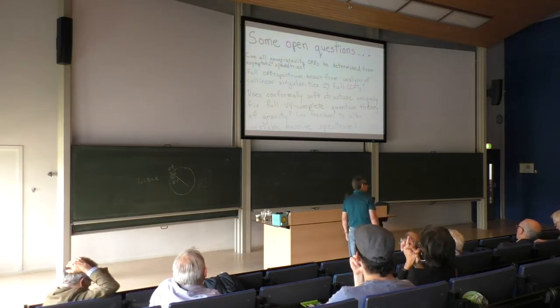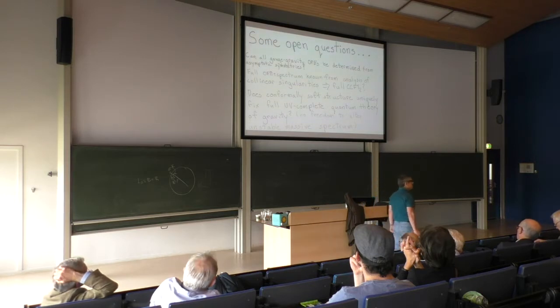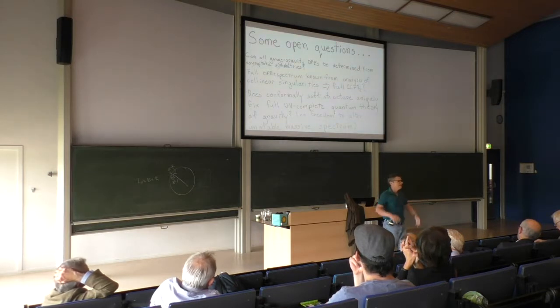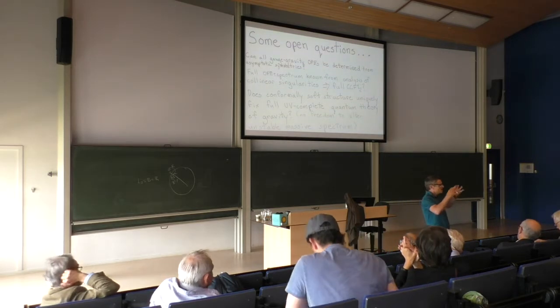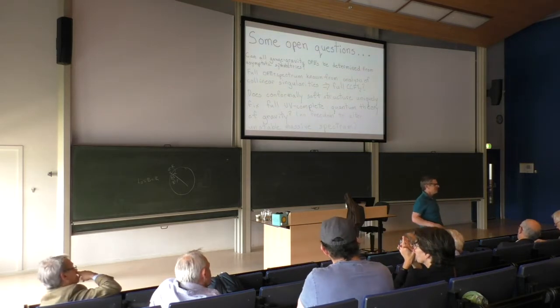And it's also very surprising. Saying that it gives the full CFT would say that it gives the full quantum theory of gravity, right? Because we've recast the quantum theory of gravity as a theory in Minkowski space.